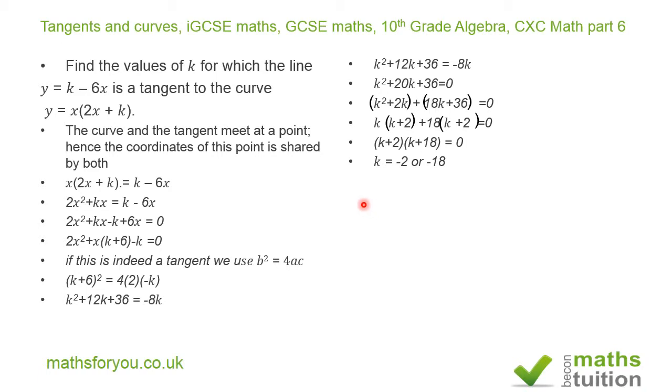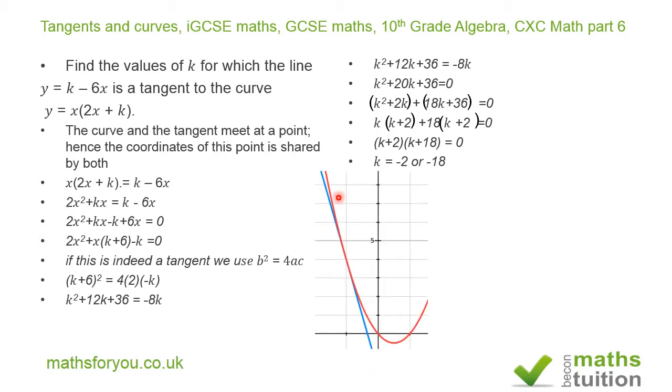Now, sometimes in the exam, they ask you to find the coordinates where the tangent meets the curve, but they've not done so in this case. What I've done is to draw the graph. This one here is when k is equal to minus 2, and the graphs meet at the point minus 1, 4.